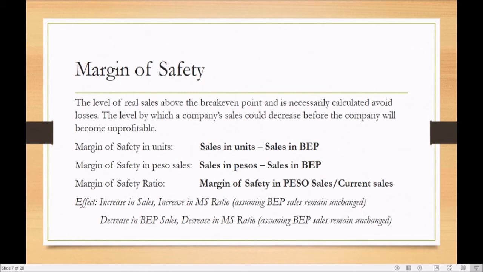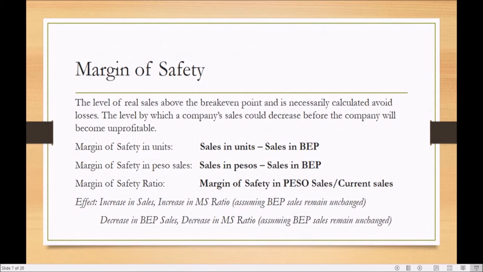That will not change. So, the margin of safety ratio will keep on increasing because the margin of safety value becomes bigger. But if the sales decrease, not the break-even point, there is a decrease in the margin of safety ratio, assuming the break-even point sales remain unchanged. Okay? There is a direct relationship between increasing the sales and the margin of safety ratio.